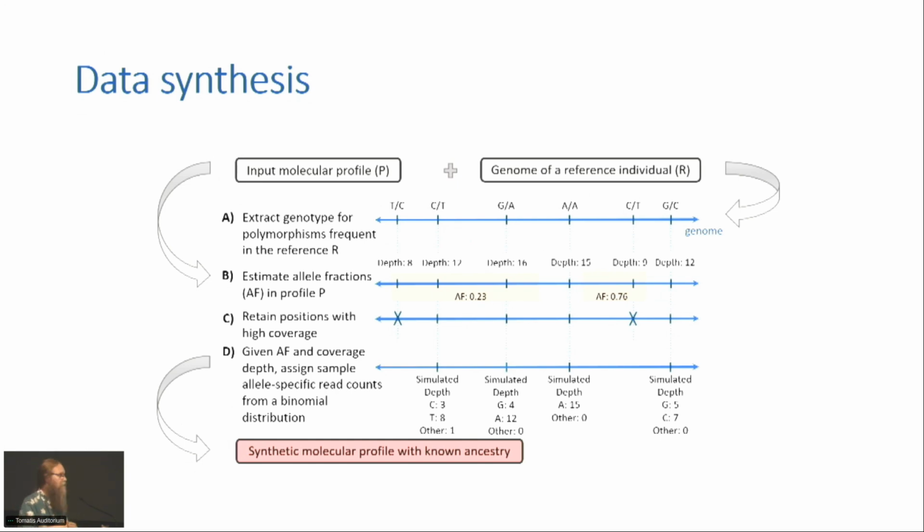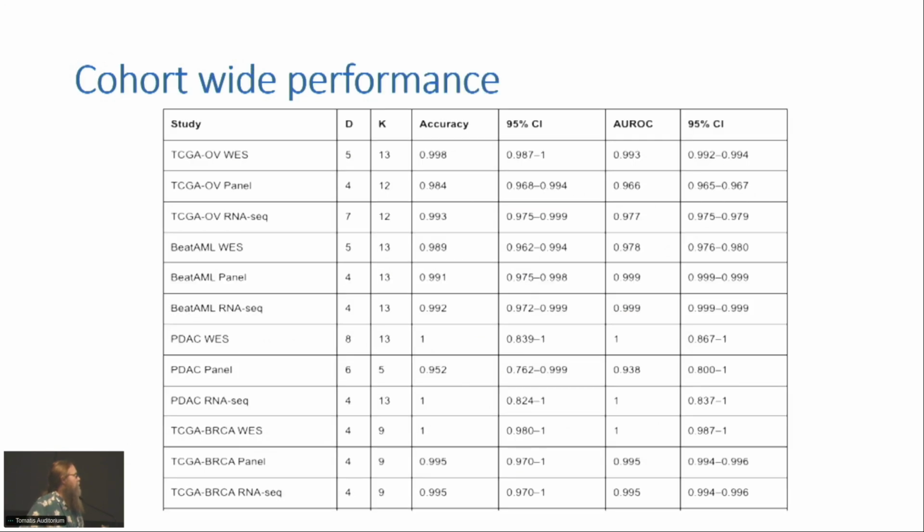In some cases, we have a lower allele fraction for the SNP at a position. And we generate a sample with the genotype of the reference sample, but with the characteristics of the cancer sample. And we do the inference with the ancestral reference on this sample. So we know if the inference is correct or not, and we can use it to measure the accuracy or optimize the parameters.